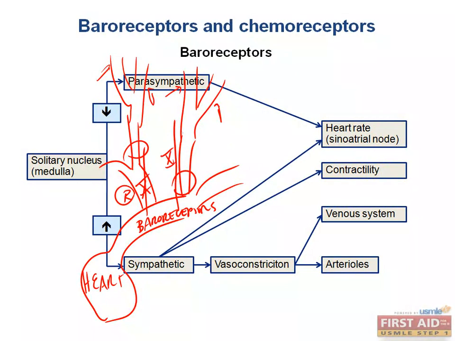So these are 10. And then we have receptors that are kind of wrapped around the vasculature at the bifurcation of the common carotid, where it bifurcates into the internal and the external carotids. And these send the afferent pathway up via the glossopharyngeal, which is nerve 9.